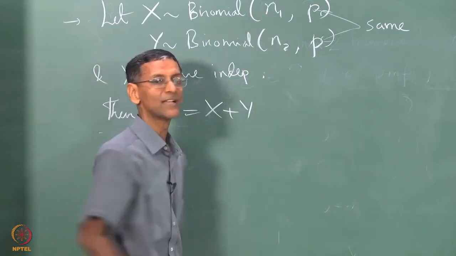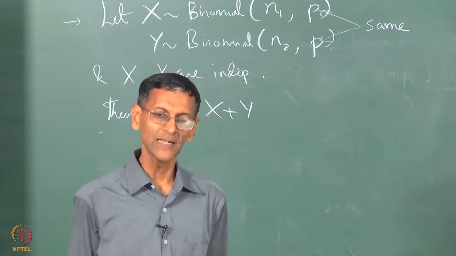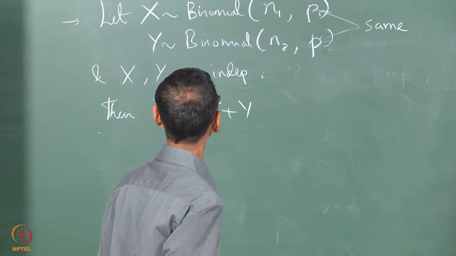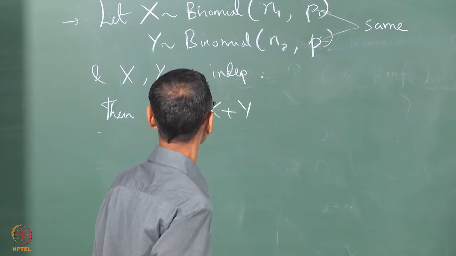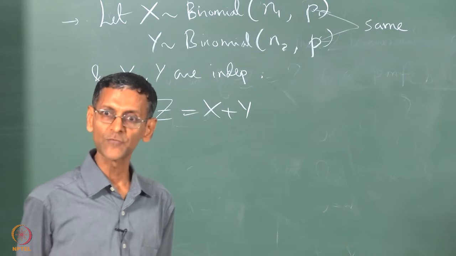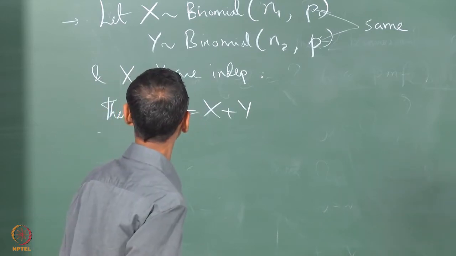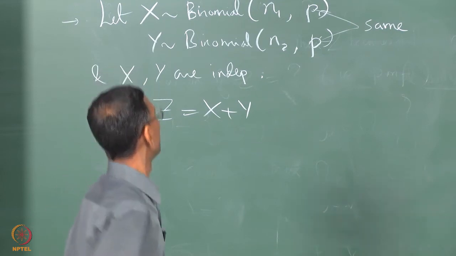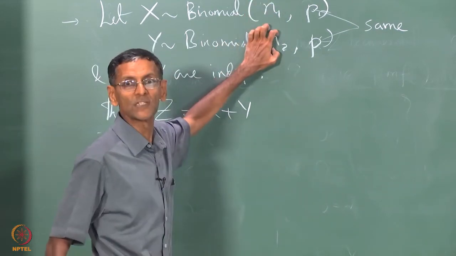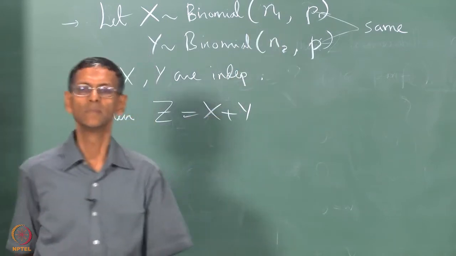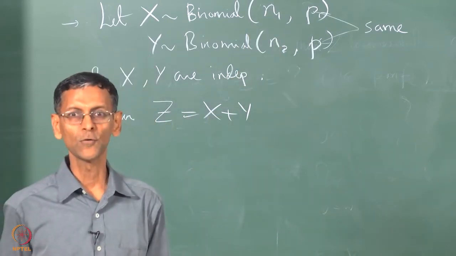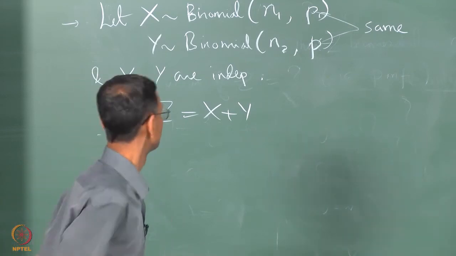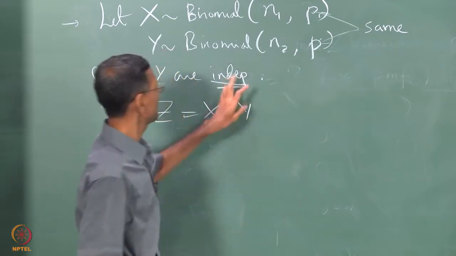If you looked at n1 plus n2 trials together, that's what we are doing. n1 is the number of trials that define X, and n2 is a different set of trials that define Y. Think about the condition for them being independent: these two sets of trials have to be different, with no overlap.